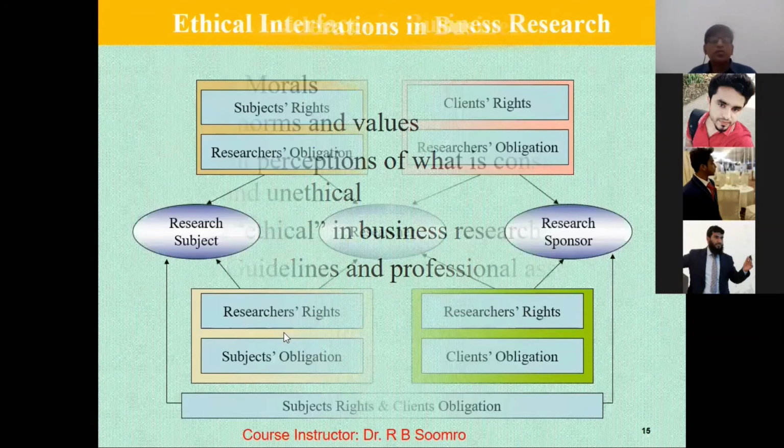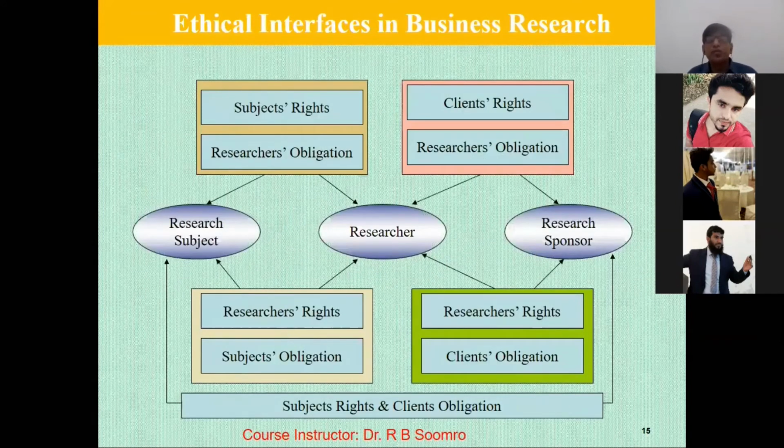Now if we talk about the ethical interface in business, there are the subject and the client. The subject has rights. Subject here means the respondent, from whom you are collecting the data, and clients are those for whom you are working.